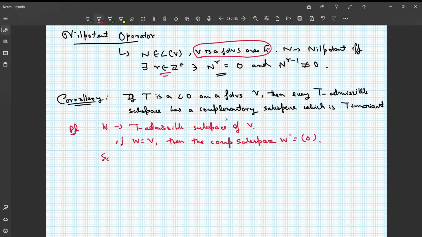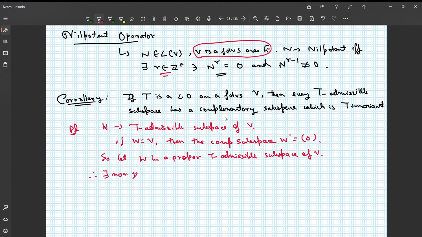So let W be a proper T admissible subspace of V. Now we know what happens.